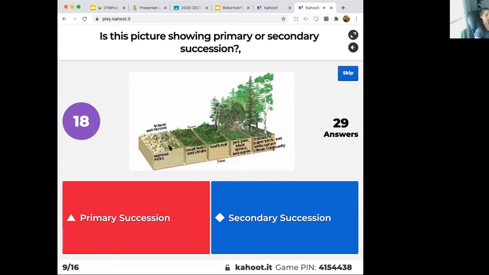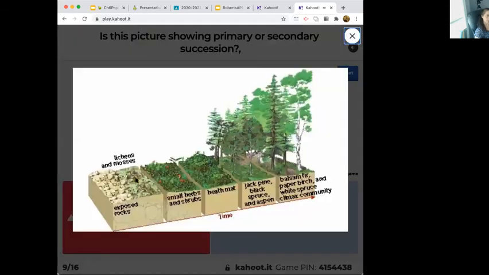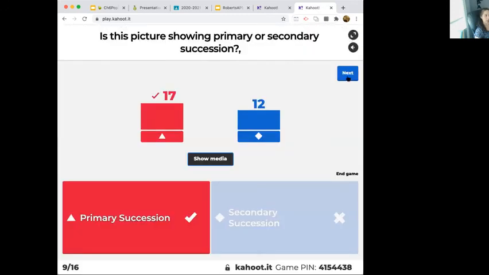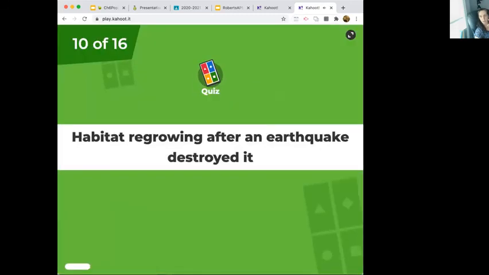Then our lichen and our mosses move in. Okay, so anytime we start on the left with bare rock, this is showing us primary. I'm not sure why we missed that. Explain yourself in the chat box if you were one that missed that, because I am confused.